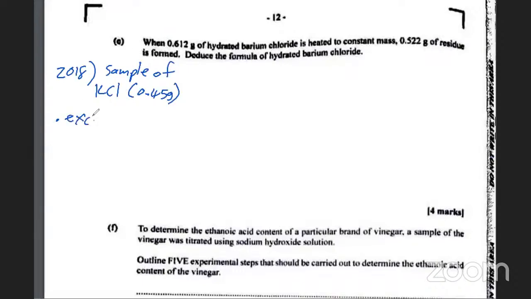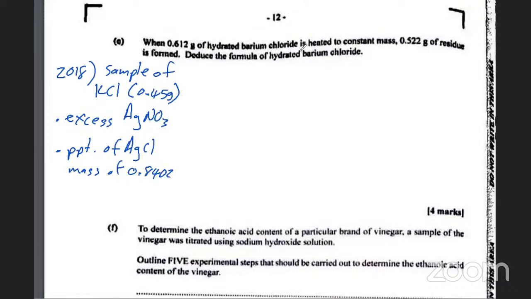We react it with excess silver nitrate, and the precipitate of silver chloride has a mass of 0.8402.